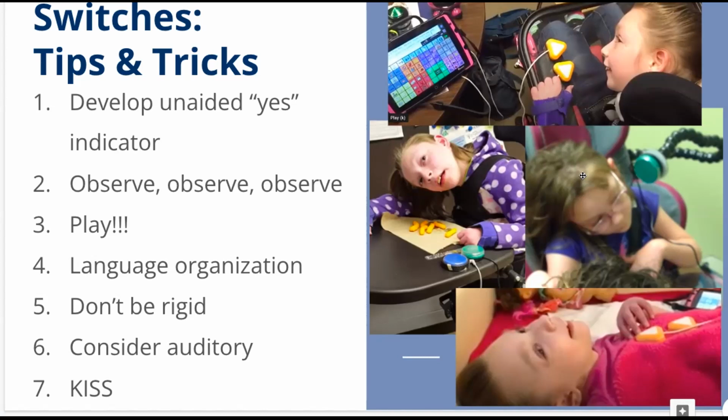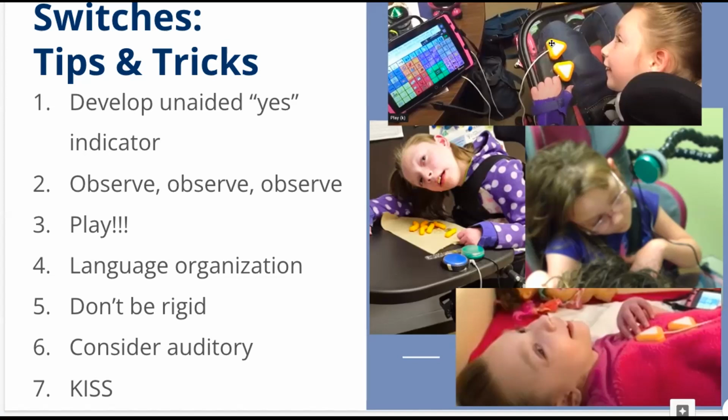Her language system grew over this time, but the other things that you see, Haley to the left here in her stander with these buddy buttons providing her switch access. Haley in her wheelchair at the top with conductive switches.